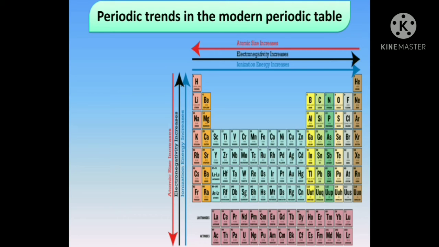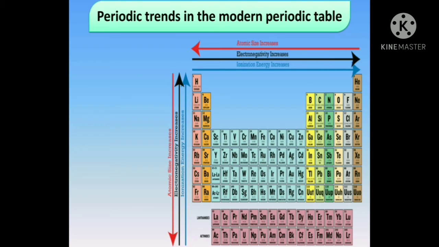Thus, it results to form a cation. The tendency of an atom to lose electrons increases further as we go down. The metallic character of an atom is its tendency to lose electron, and therefore this metallic character increases while going down the group.